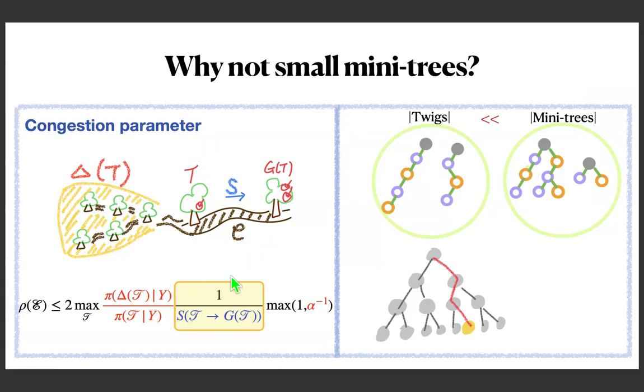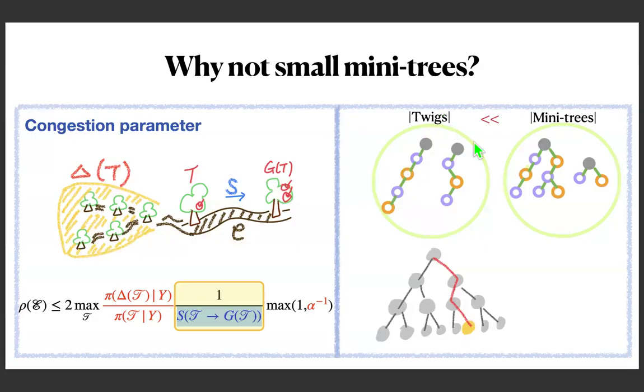I remind you that in order to keep the congestion parameter very small, the proposal probability should not be very small. And because right now we are proposing by using the uniform distribution, if the pool is too large, then this will be uncontrollable. But the size of the set of any possible trees is exponentially large.